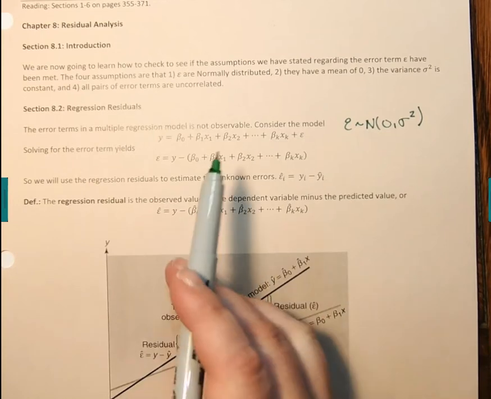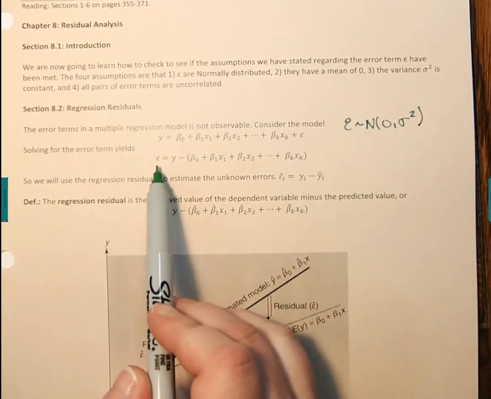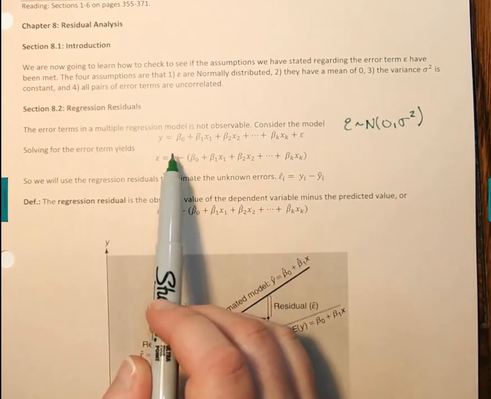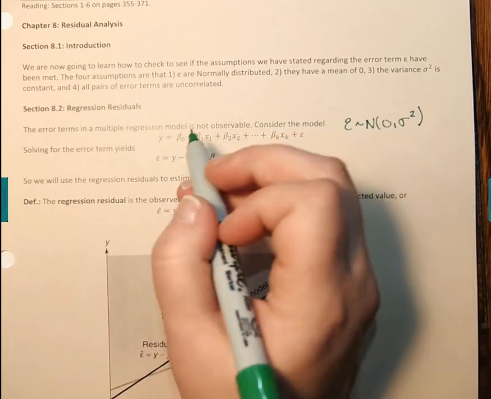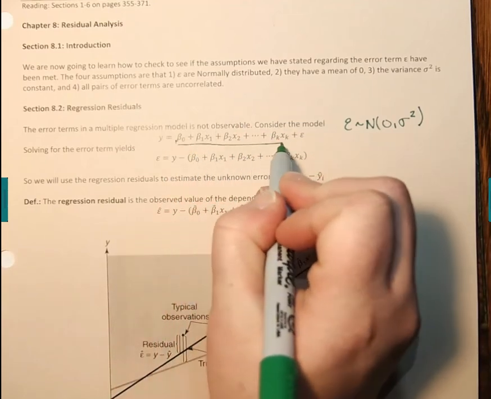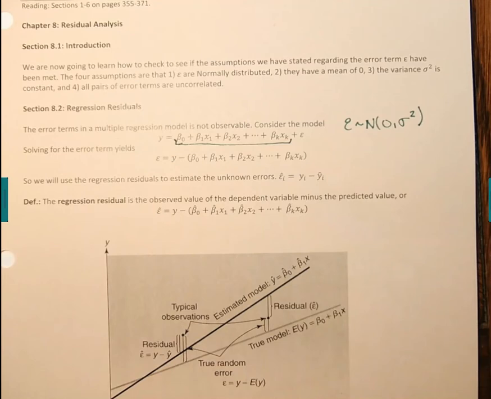We could take this equation and solve for the error term by subtracting off all of these terms on both sides, which yields the following. So we can use the regression residuals to estimate the unknown errors. In other words, we can't actually observe the errors, but we can observe the residuals, so we're going to use the residuals to help us learn about the errors.